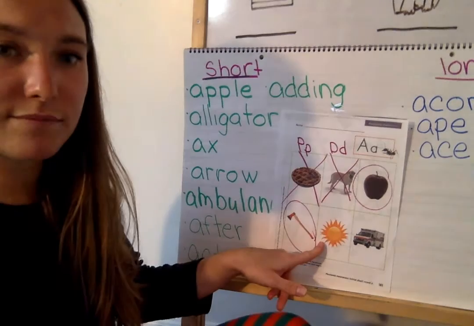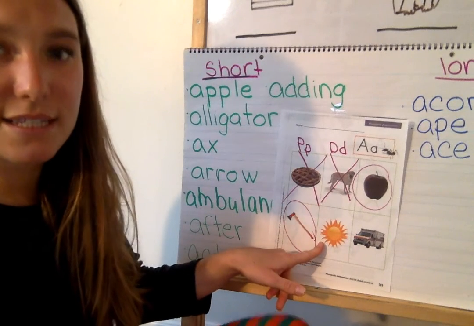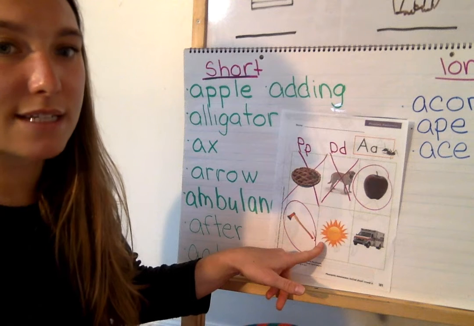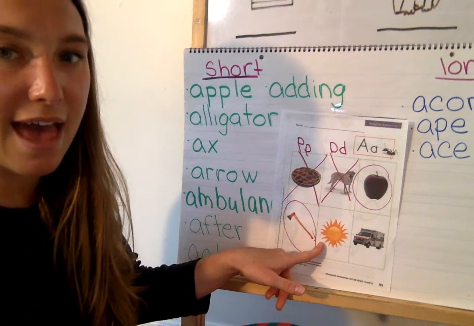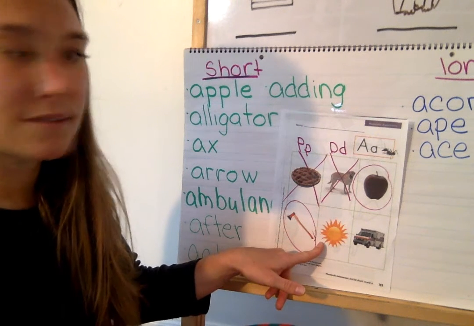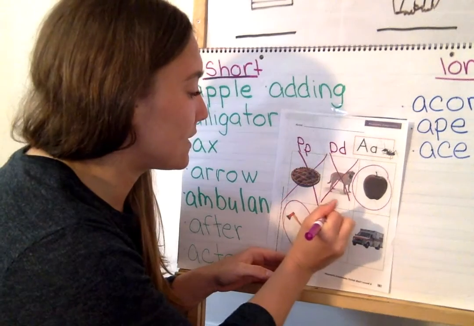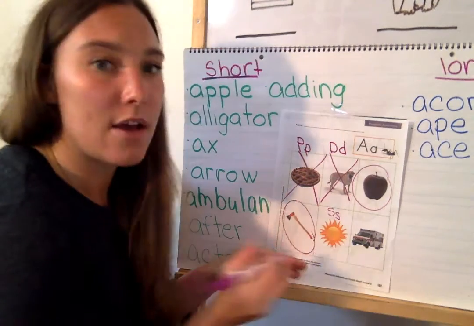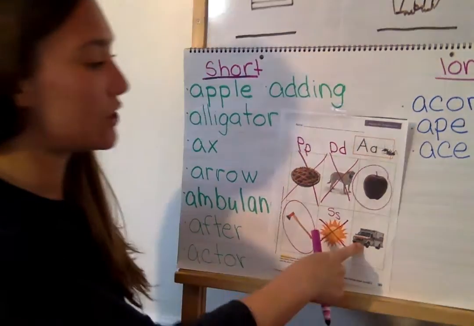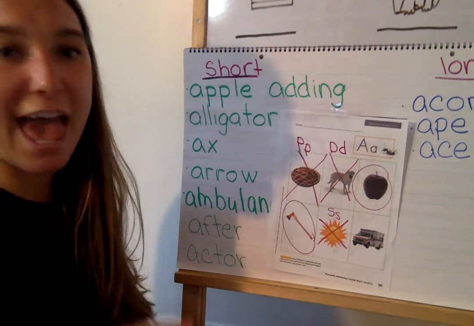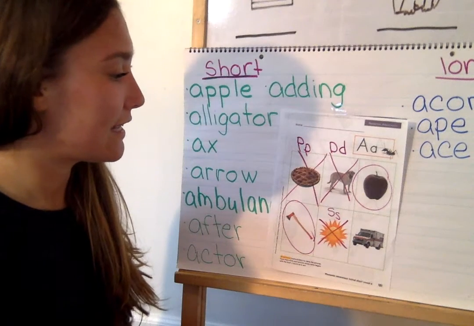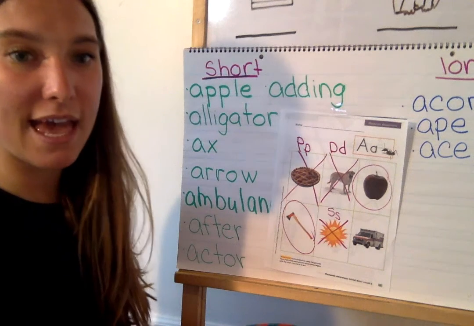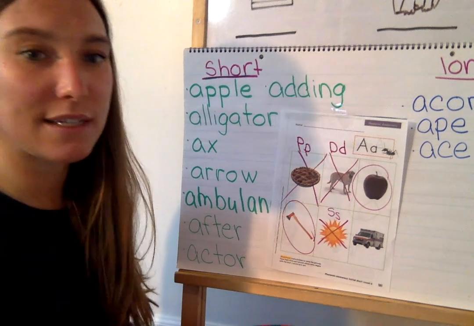Next picture. Sun. Does sun begin with A? No. S. Here's a little S. Cross it off. And last picture. Ambulance. Does that begin with A? Ambulance.